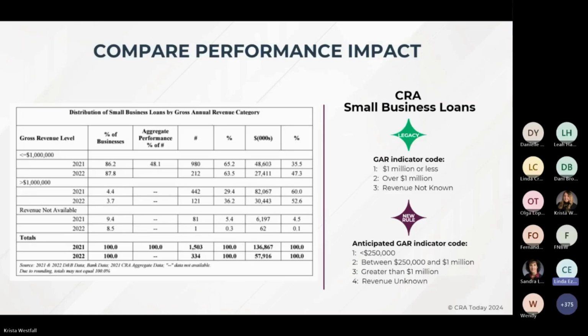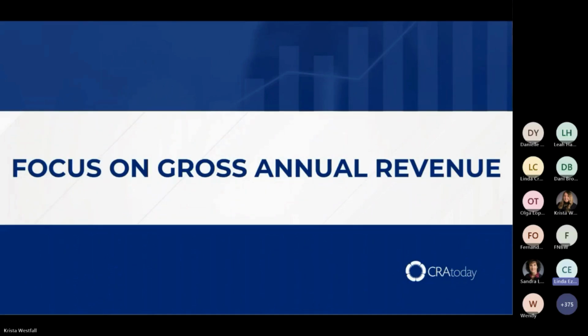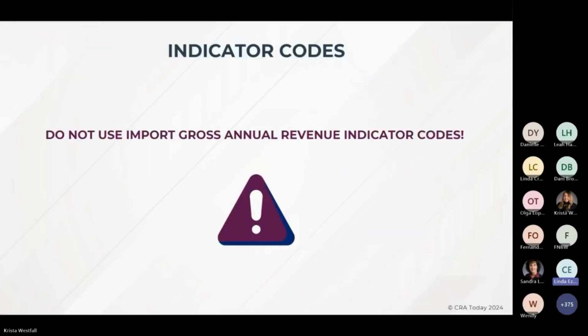Now I'm going to shift into really making sure that we are clear on focusing on gross annual revenue. If nothing else, let's take a deep dive into this and triple check our practices. Don't import those indicator codes, or really make sure that one, your line understands the definitions; two, they are applying the principles; three, you're training them; and four, you have three lines of defense and you're checking accuracy.